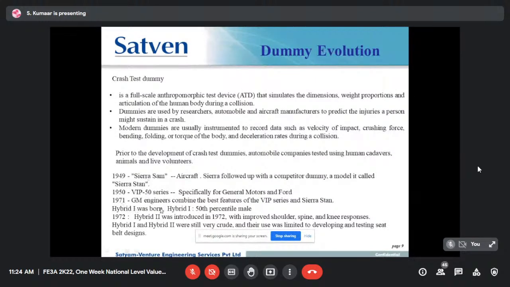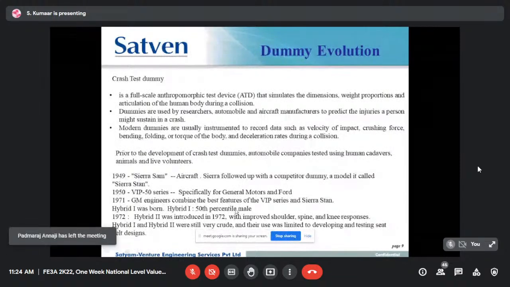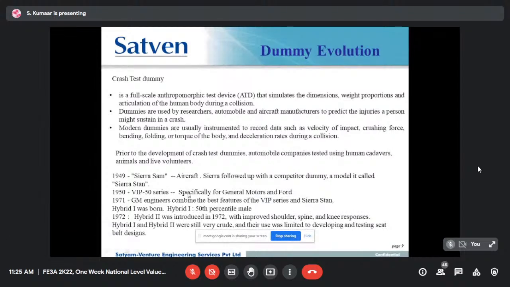First they created the Hybrid 1 dummy for the 50 percentile male, which is called AM 50 percentile, meaning adult male 50 percentile. Again in 1972, from Hybrid 1, they developed another dummy called Hybrid 2.